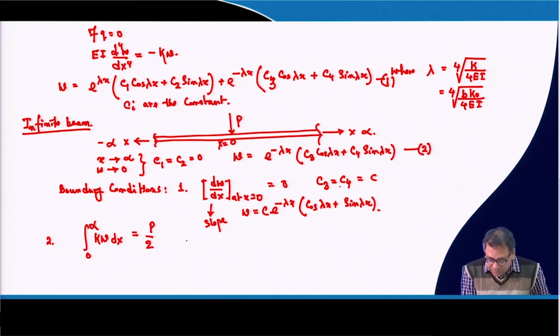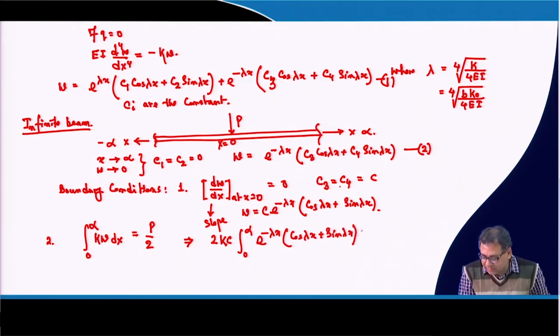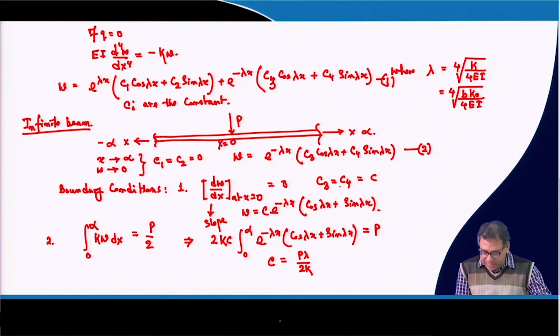So if you put this equation for w here, this will be 2 K C times the integral from 0 to infinity of e to the power minus lambda x into cos lambda x plus sin lambda x, equal to P. After integrating this equation and putting the limits, I will get the constant C equal to P lambda by 2k.